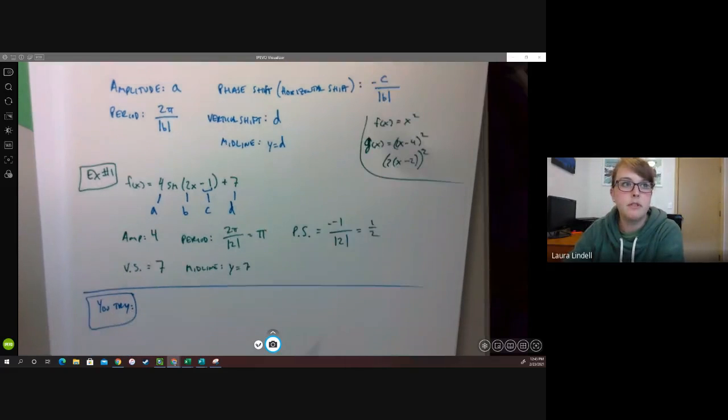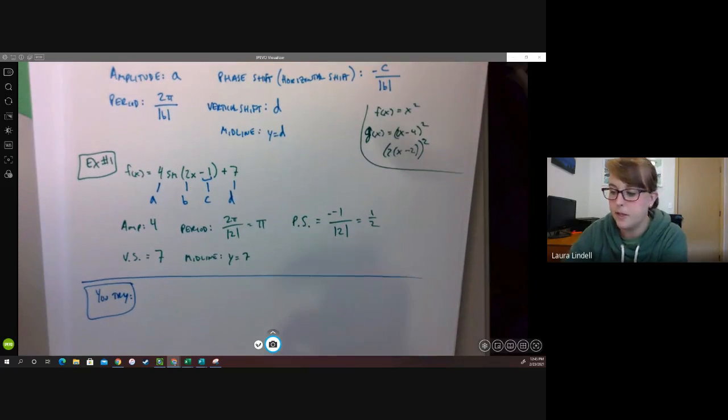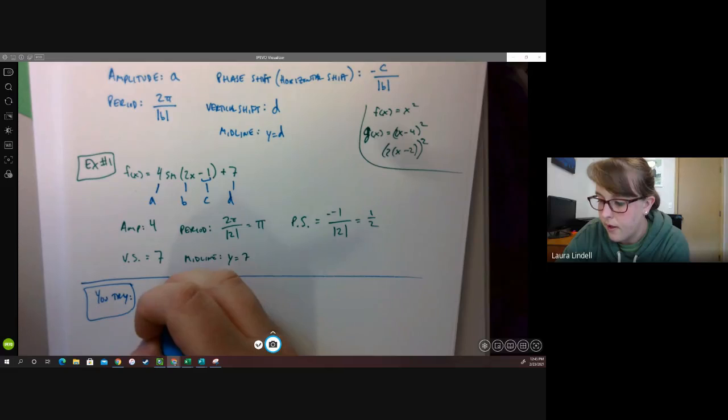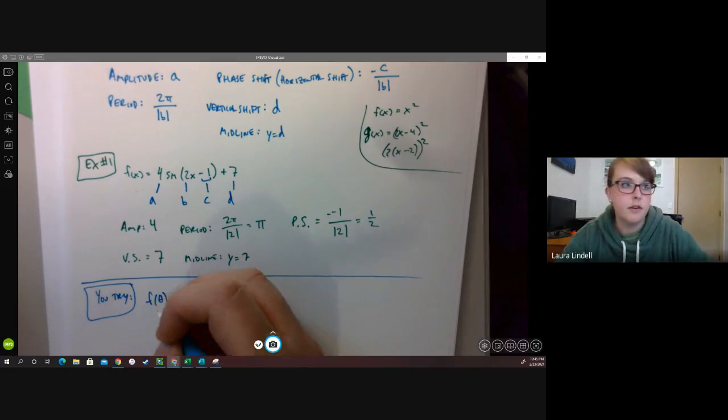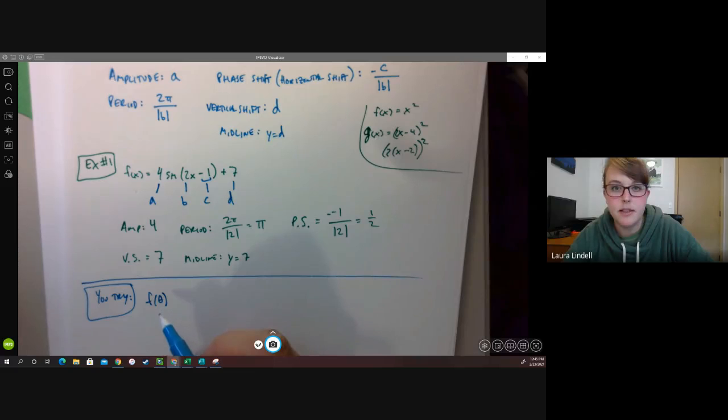So you're going to find amplitude, period, phase shift, vertical shift, and midline for, we'll call this one f of theta. So that's the Greek letter theta. A lot of times you'll see that referred to when we talk about angles, when we talk about functions involving sine, cosine, tangent. Sometimes they'll use the variable theta instead of x. When you go to Desmos, make sure whenever you get a function that has theta in it, replace it with an x, because Desmos likes x better.